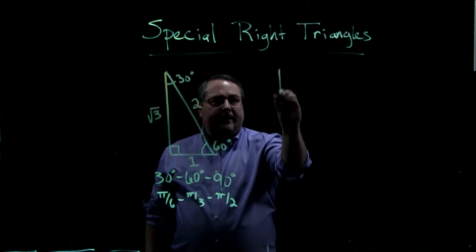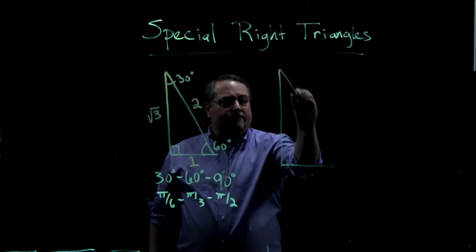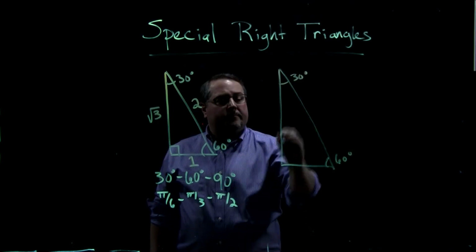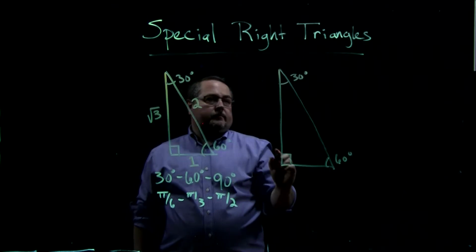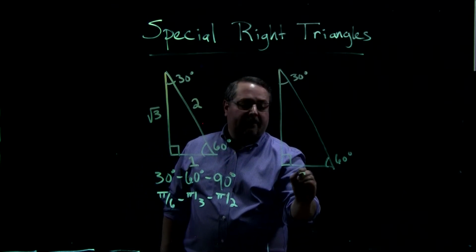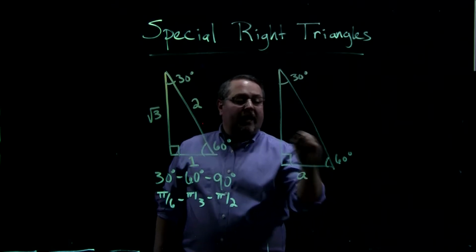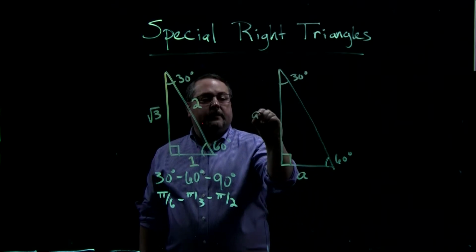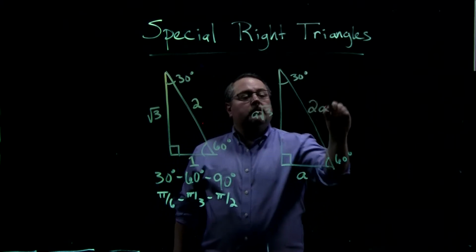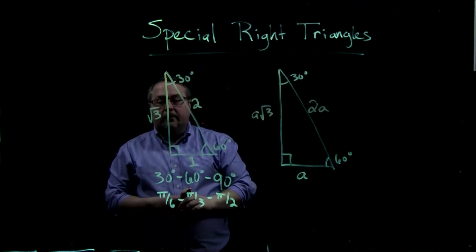Or more generally speaking, if the side that is opposite the 30-degree angle has length A, the side that's opposite the 60-degree angle will have length A times the square root of 3, and the hypotenuse will have length 2A.